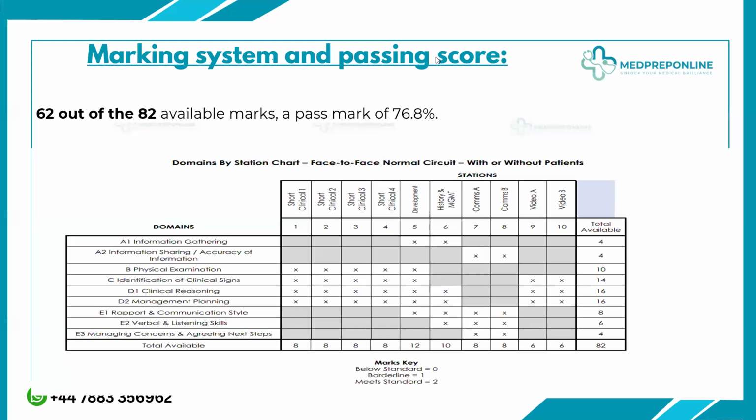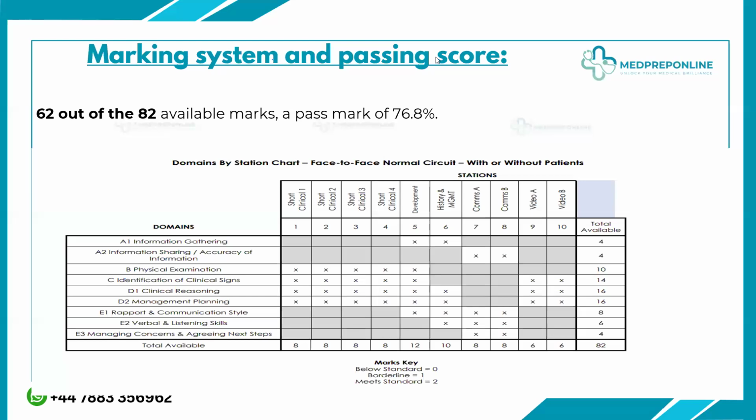So yellow will go to the specific examiner for history and development, and red will go to the specific examiner for development and history. That might be confusing you. There's only one development station, but there will be a different examiner taking development for one group, and a different examiner taking development for the other, and similarly for the history.